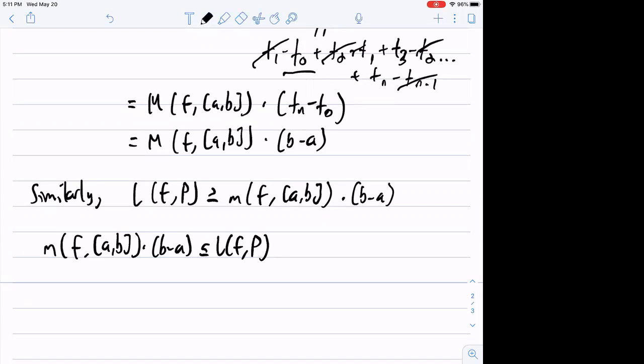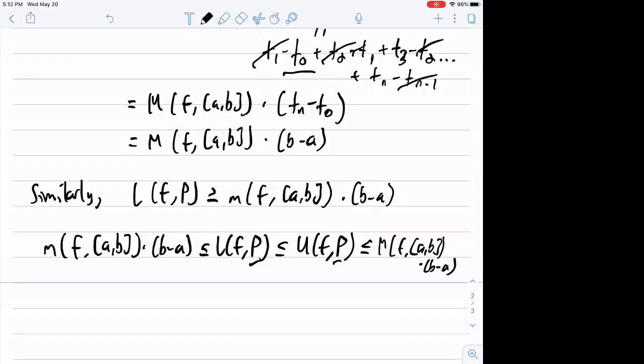And it's clear that the lower Darboux sum is smaller than the upper Darboux sum with the same partition P, because in one of them you take the sup and in the other you're taking the inf, and this is smaller than M of f on [a,b] times (b minus a). But it isn't intuitively obvious that taking different partitions, it is still true that L is less than U. It is, but we'll prove that.